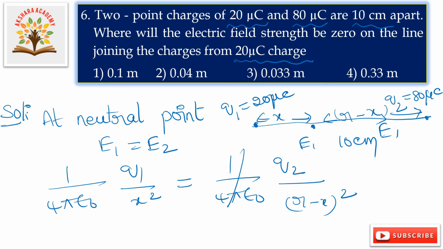1 by 4 pi epsilon naught cancels. Now this can be written as r minus x by x whole square is equal to q2 by q1. Now r minus x by x, square going that side, becomes under root q2 by q1.